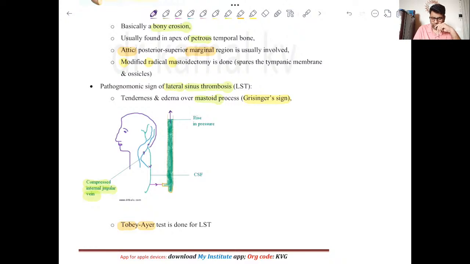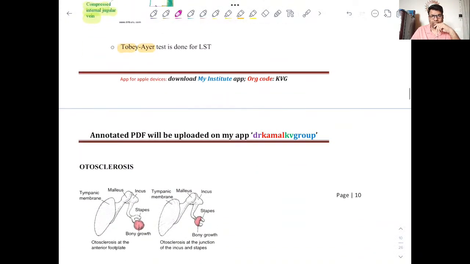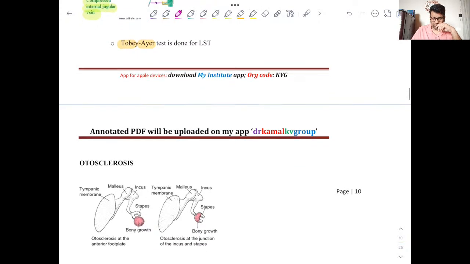Clear? But what happens if there is any blockage anywhere? The pressure generated by compressing the internal jugular vein will not be transmitted to the CSF column, and there will be no rise. So this is the Tobey-Ayer test, which checks if there is some blockage anywhere in the lateral sinus or not.